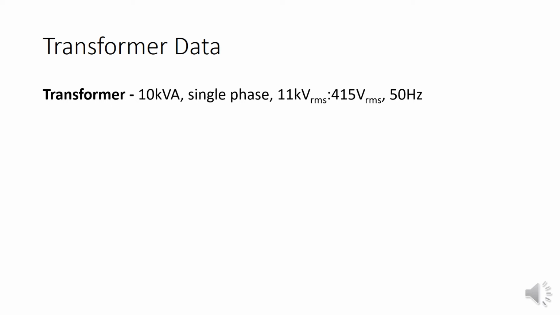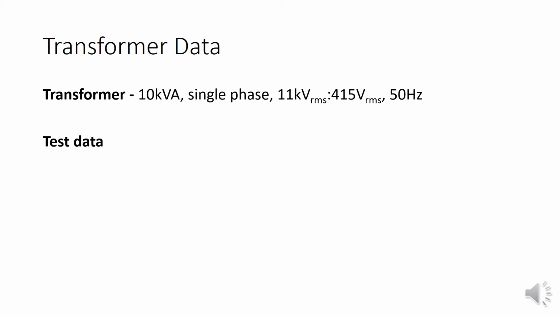Primary is the high voltage side and secondary is the low voltage side. You can see 11 kilovolts is larger than 415 volts, so the high voltage side is the primary and 415 volts is the secondary. This is used in order to calculate the turns ratio.